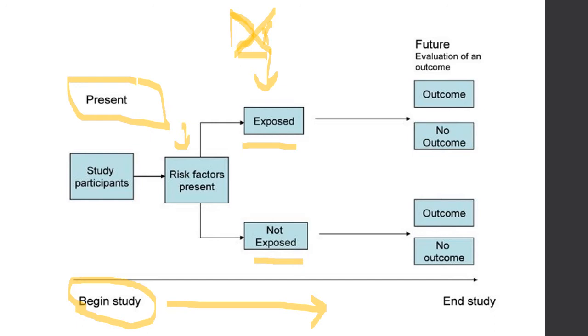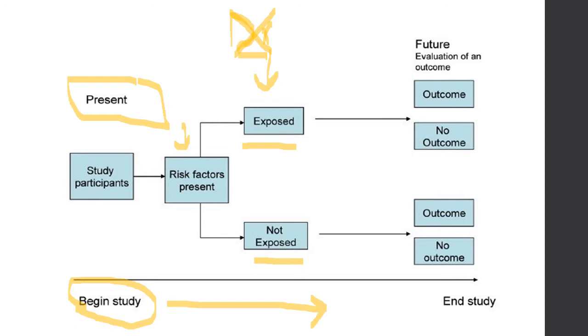Here, for example, if you're looking at the effect of smoking, smoking is going to be your exposure, and non-smokers will be another group of non-exposure. And because it's not ethical to ask a group of people to smoke and another group not to, just for you to see the effects of smoking, knowing that it is harmful for these people, you just go and choose people who opted to smoke, because in real life, people choose to follow different lifestyles that might be healthy or might not be healthy.